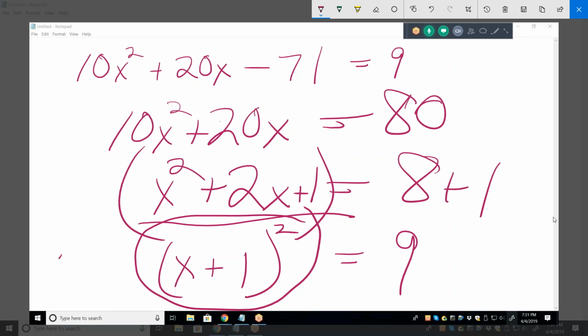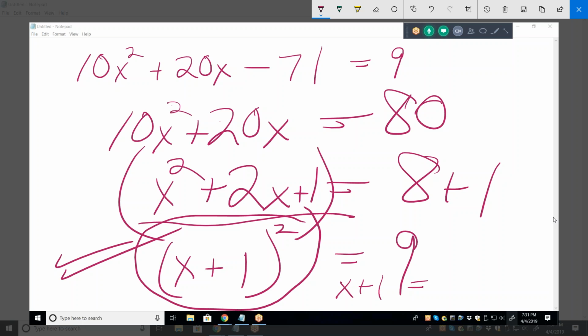What's the next step? If the question is solve for x by completing the square, well, we've completed the square. Now how do we solve for x? From this step right there. Square root. Okay. So we get x plus 1 equals what? X plus 1 equals 3.